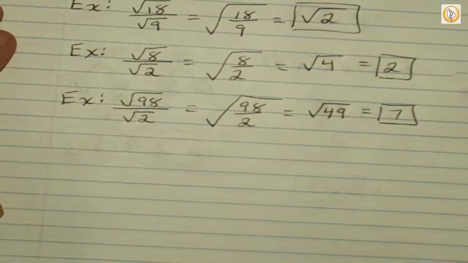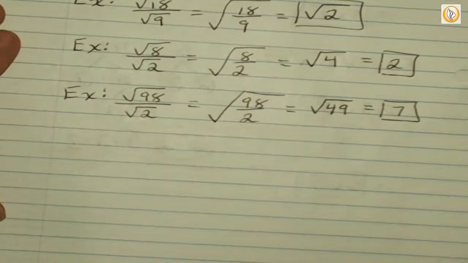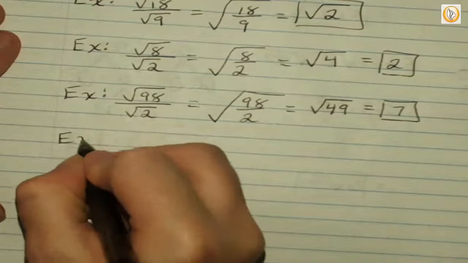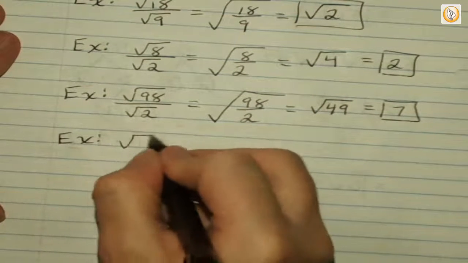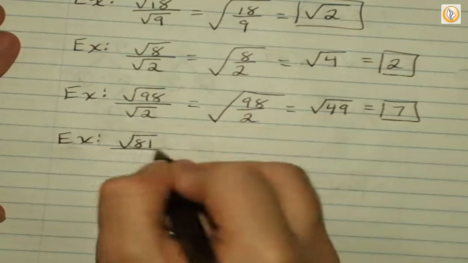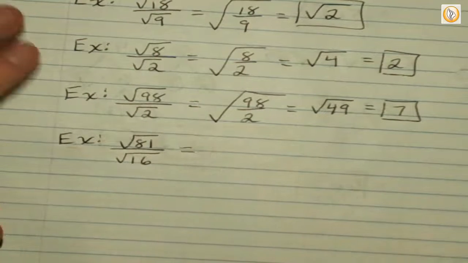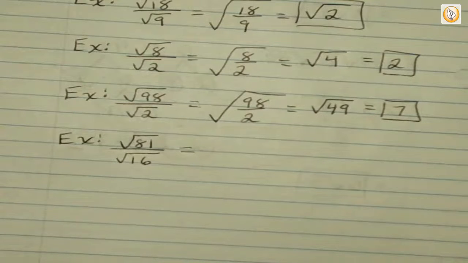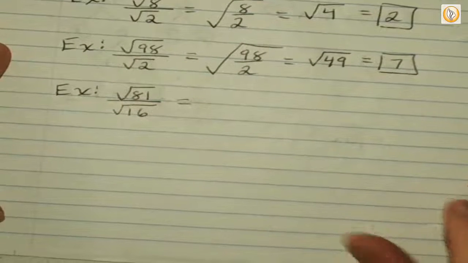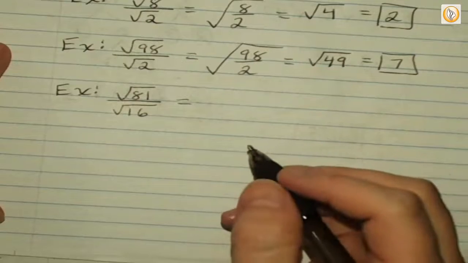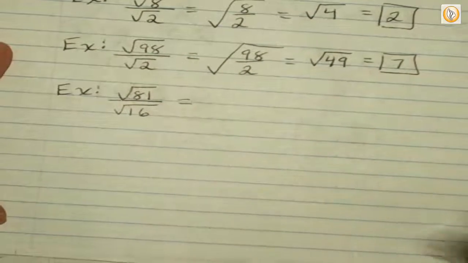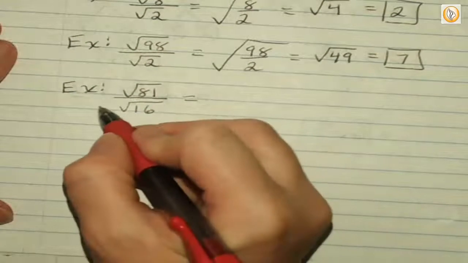Any questions about this so far? I've got 2 more. Michael, the square root of 81 divided by the square root of 16. They're both perfect squares. Very good.